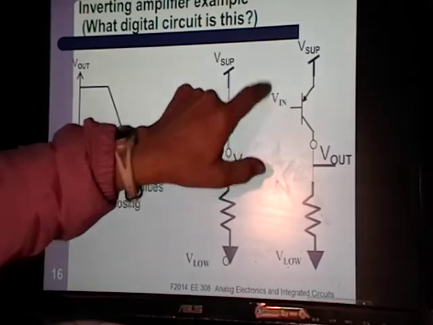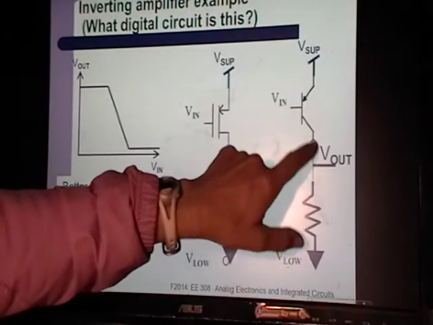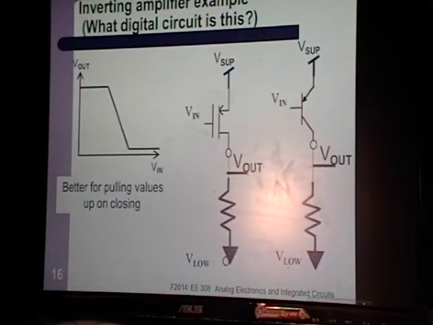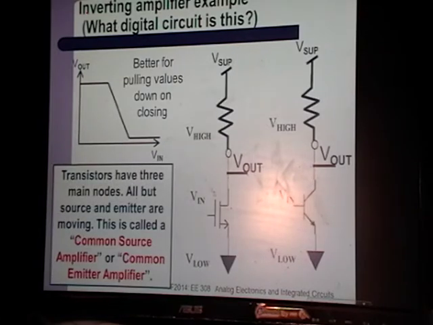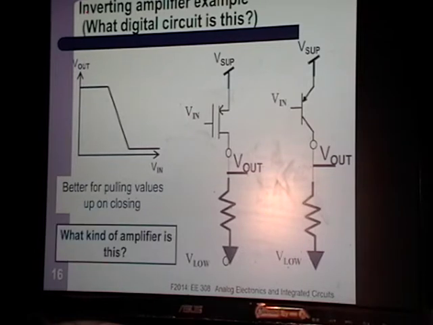Input goes to the base, so the base is crossed out. Collector has V out, so collector gets crossed out. What's left? Emitter, common emitter. So it doesn't matter whether you build this circuit with an NPN or PNP, they're both common emitter amplifiers.